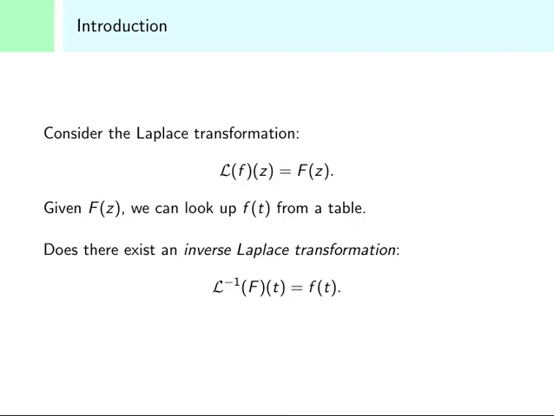We would like to have a transformation Laplace inverse applied to capital F, which for every t provides the original function f of t. So just like the Laplace transform of a time-dependent function provides capital F, we would like to have a transformation that, given capital F, produces the original time-dependent function.